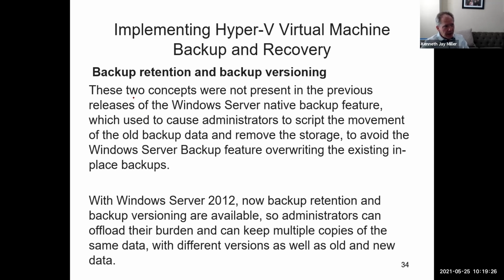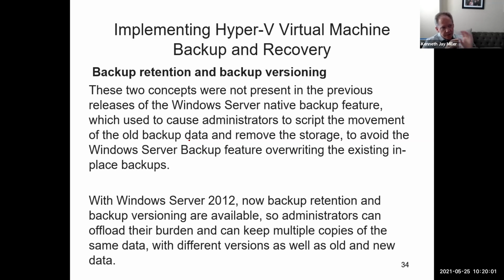So now, how do we deal with the backup retention? These two concepts were not present in the previous releases of Windows Server, which used to cause administrators to script the movement of the old backup data and remove the storage to avoid the Windows Server Backup feature overwriting the existing in-place backups. So you would have to do the backup, move the backup, and then have it redo it the next time. And that's how you would manually do the versioning and the retention.